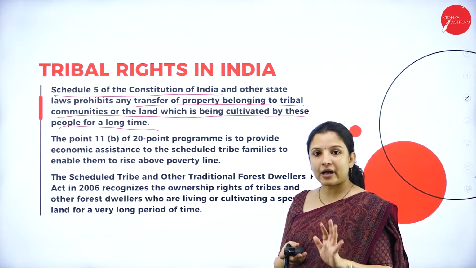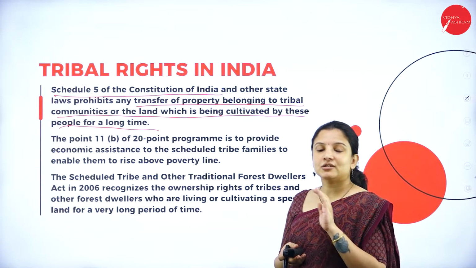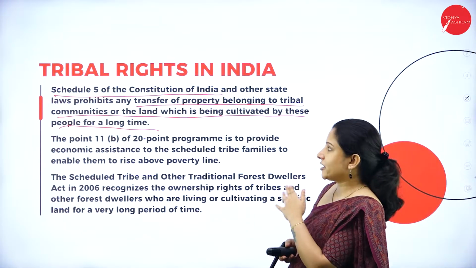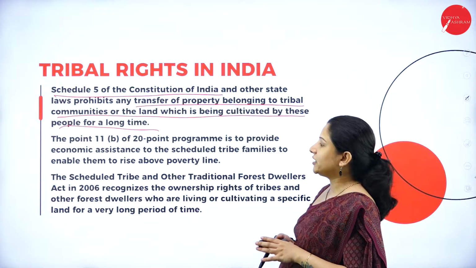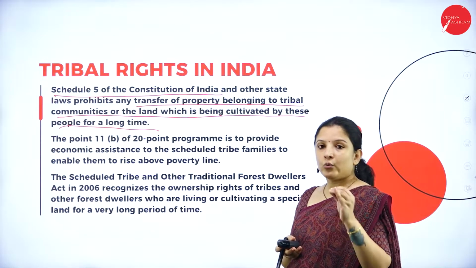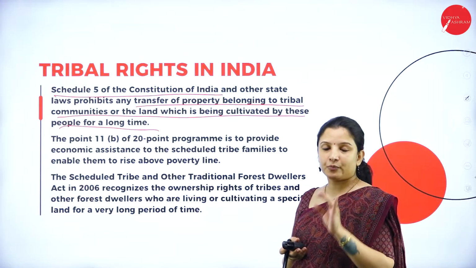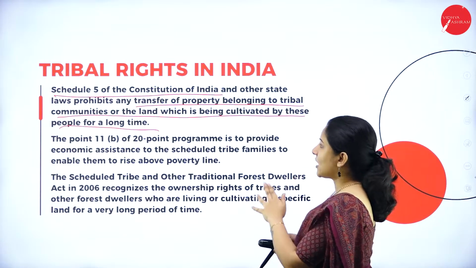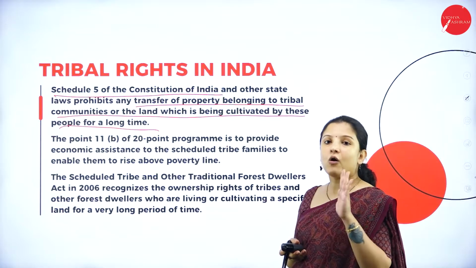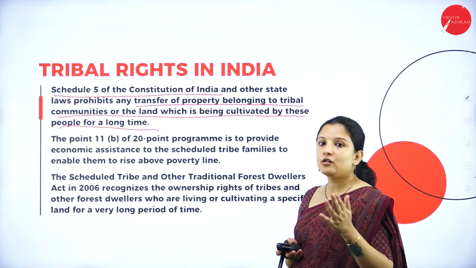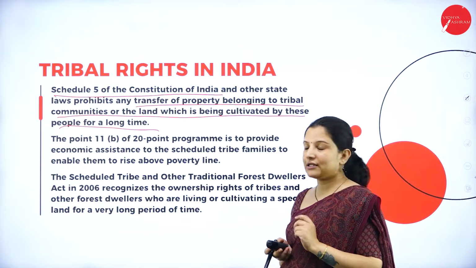They will try to buy the property from them because the tribal people will not have much knowledge. So that is why Schedule 5 of the Constitution of India has made a law wherein the tribal people owning a piece of land or a property cannot transfer the property or their agricultural land to any of the people for a long time. So this is the rule that they have made.